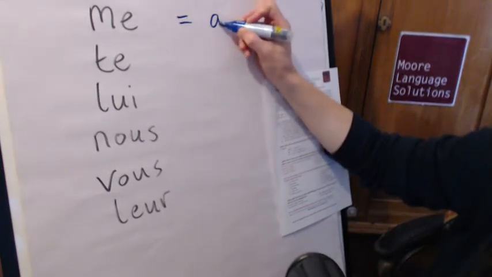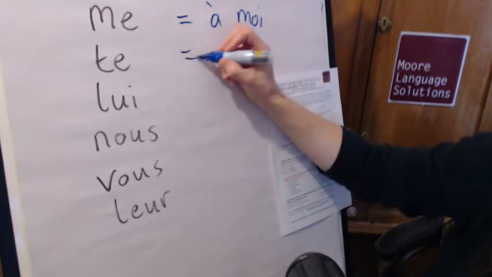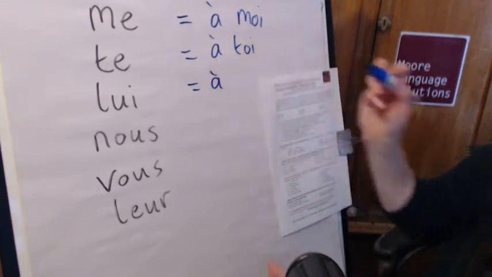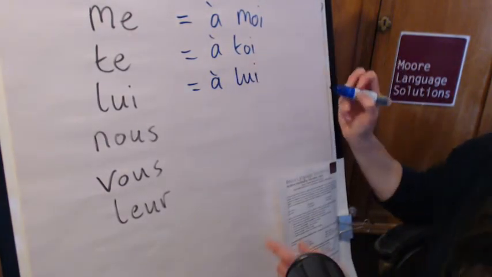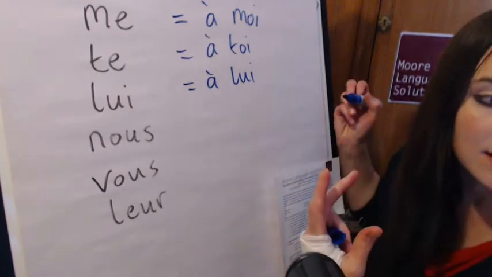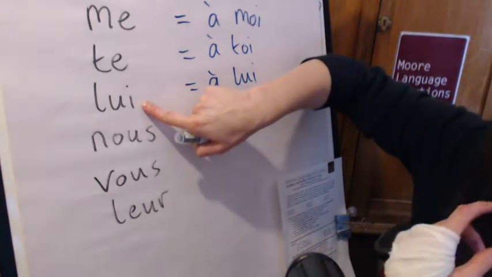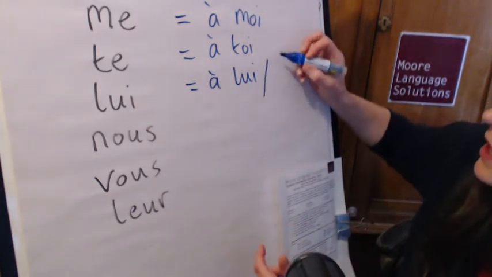In French. So à moi, to me, à toi, à lui. So if you're not sure, that word lui can mean him. Here it means to him or to her, but just on its own it normally means him.